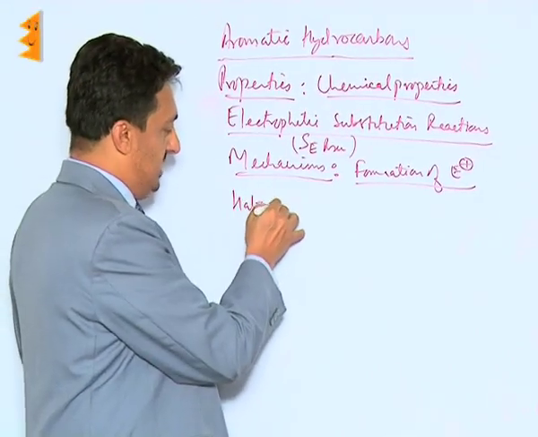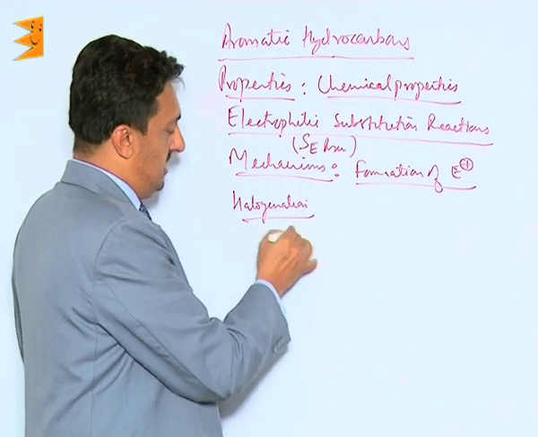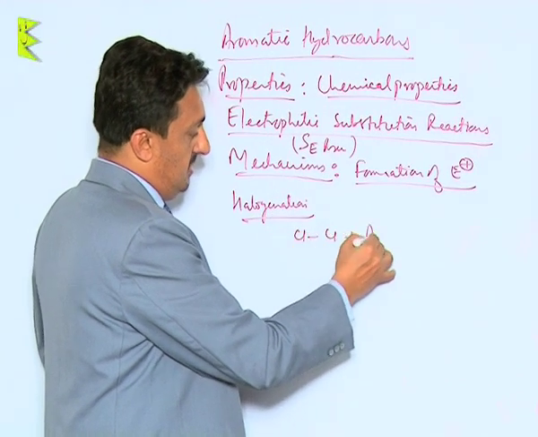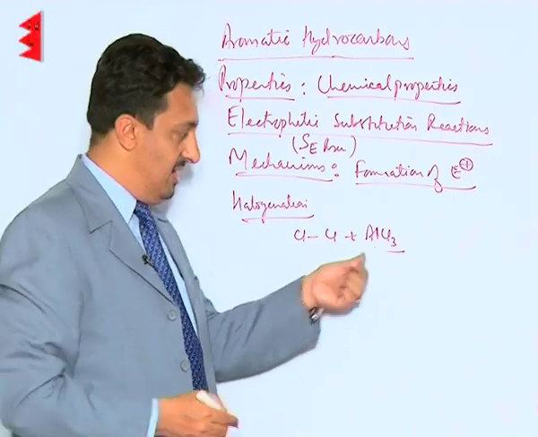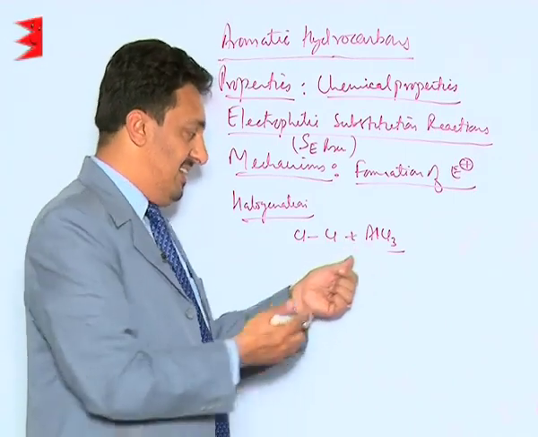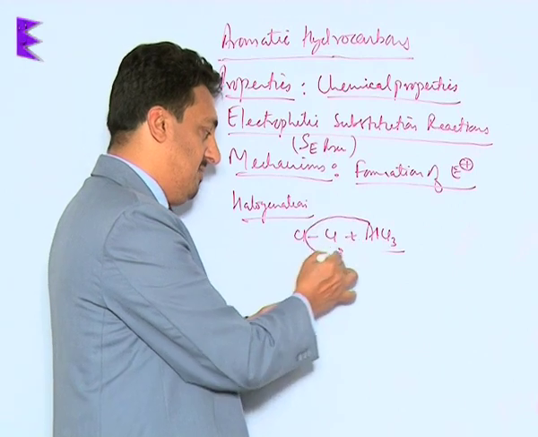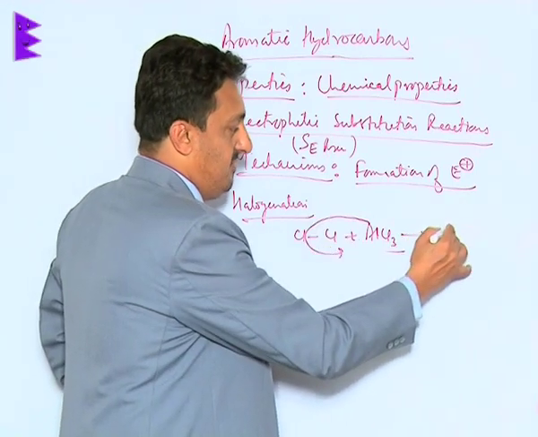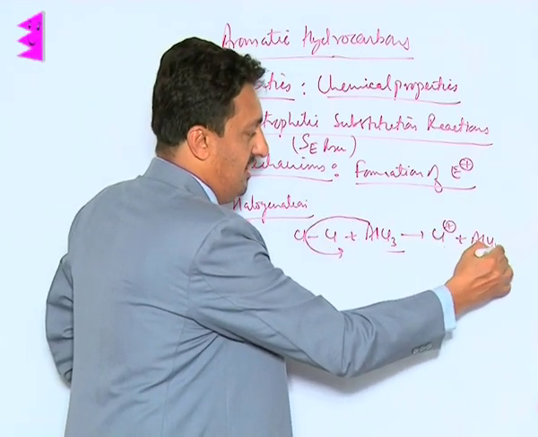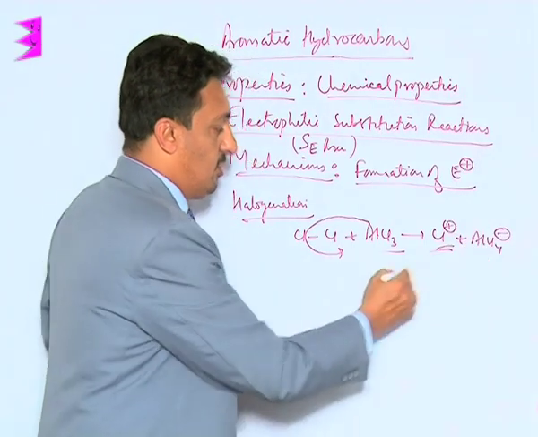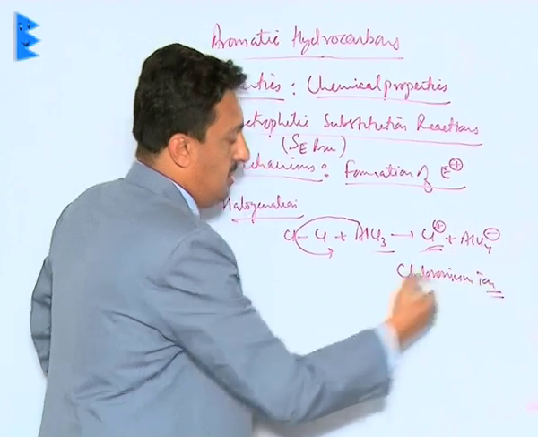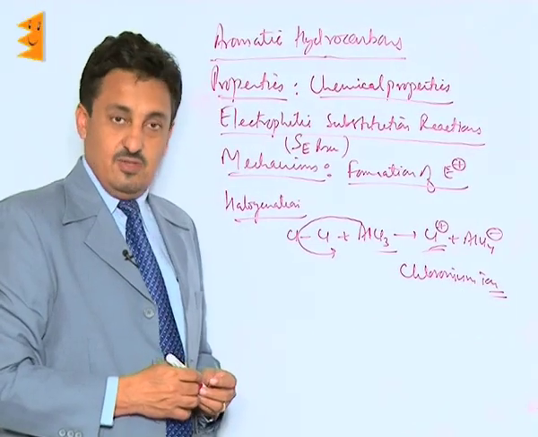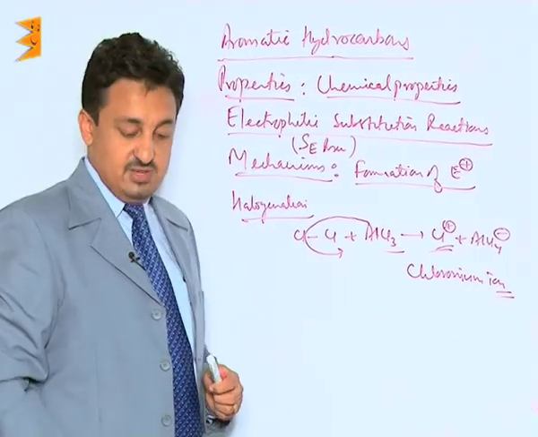In case of halogenation, we are using anhydrous Lewis acids like aluminium chloride or ferric chloride. Since they have only 6 electrons, they accept one chlorine with the pair of electrons. This gives us the chloronium ion and AlCl4 minus. So this is how the chloronium ion gets generated. This is the most important thing to note in this case.